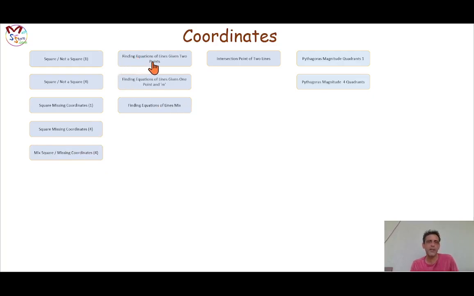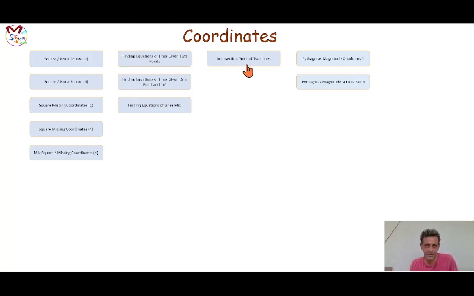We're finding equations of lines given 2 points. Find equations of lines given 1 point and m, and find equations of lines mixed. And equations, these will be in the equations menu as well.